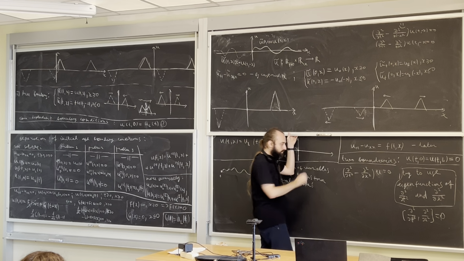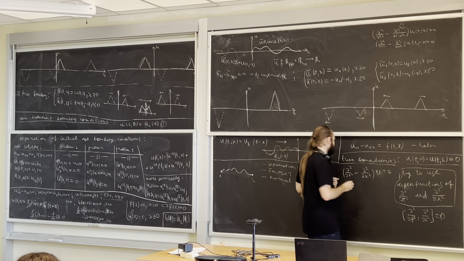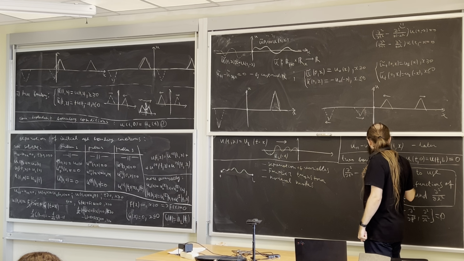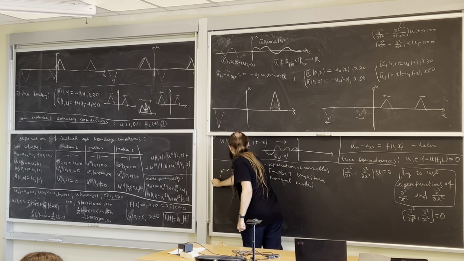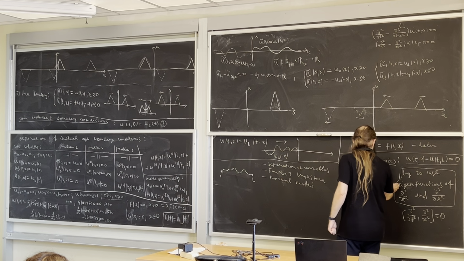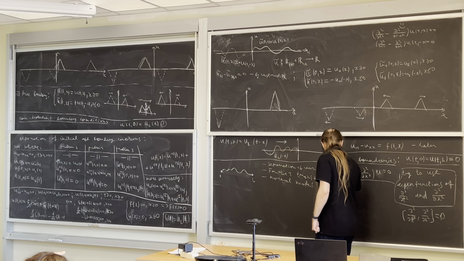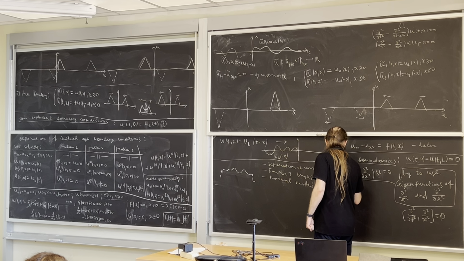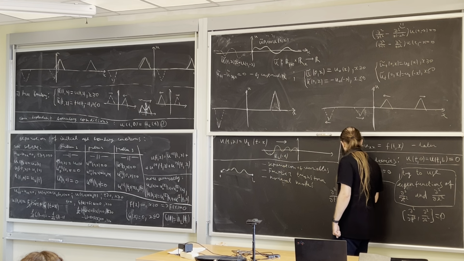So let us find some function which is an eigenfunction for d over dt squared and d over dx squared at the same time.